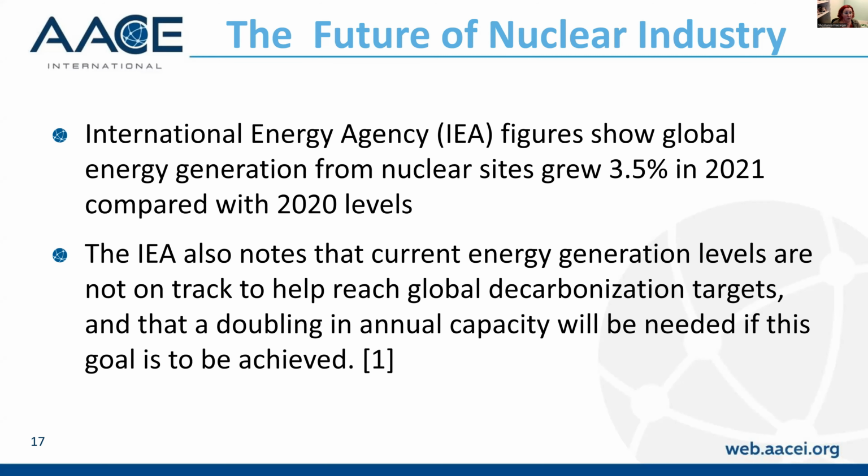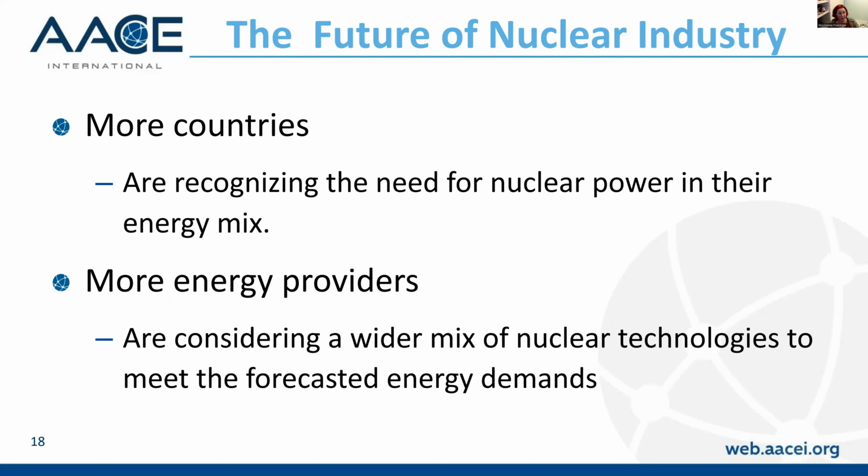More countries are recognizing the need for nuclear power in their energy mix. The World Nuclear Organization says that there are about 440 nuclear power reactors operating in 32 countries. That represents approximately 10% of the world's global electricity.